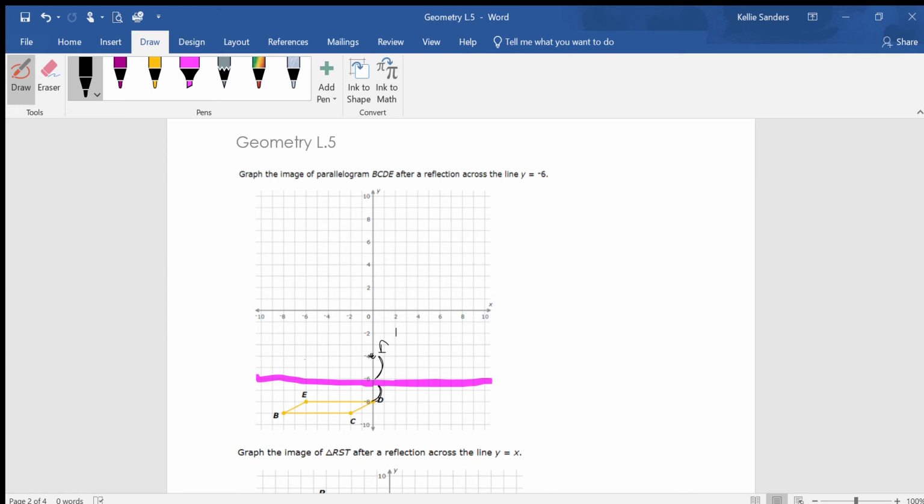E prime, and B is 3, so we would go 3, that would be B prime, and then we go up there for C prime.